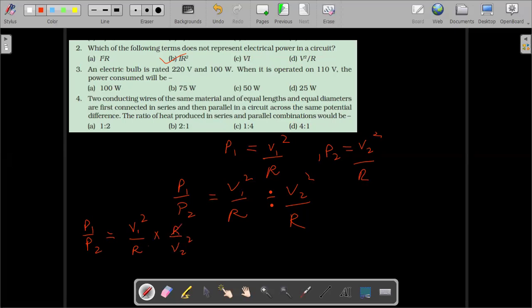So R and R cancel and you have the power in the ratio V1 squared over V2 squared. So you can put the values of P1, V1 and V2 and tell me what will be the power P2. Obtain it now using this method.